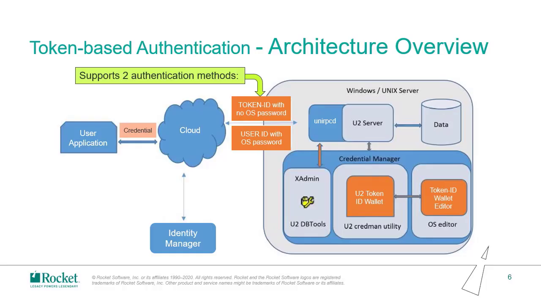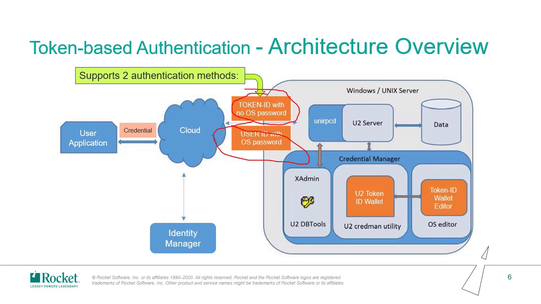So here we've got the architecture overview for the token-based authentication. You see it still supports traditional user ID with OS password used to validate the connection with operating system calls. Then the new option is token-based authentication, which just requires a username at token ID format that I'll cover more on in a moment, but no actual user password is passed in.